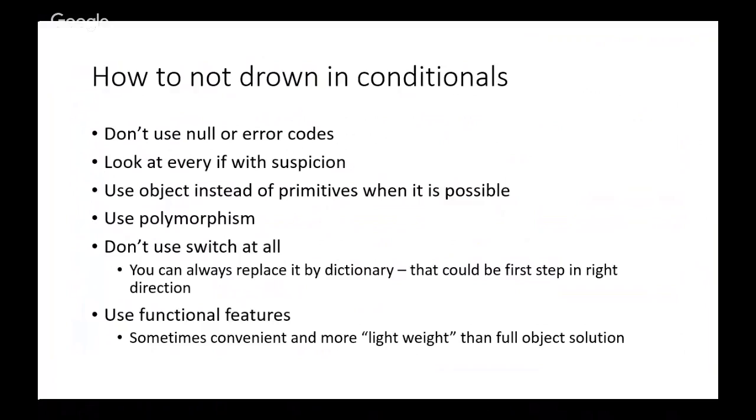Use polymorphism when it's possible. Don't use switch ever. And if you want to make things much easier, use the functional features. They could be a very convenient solution to your problem.